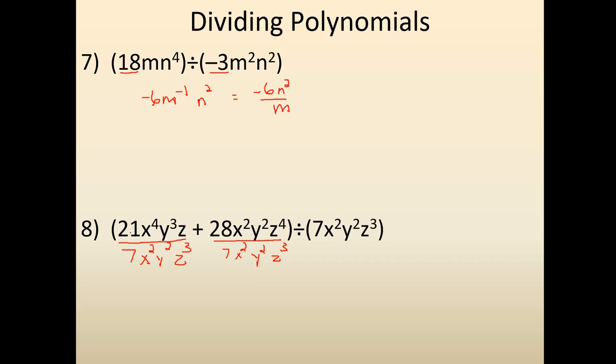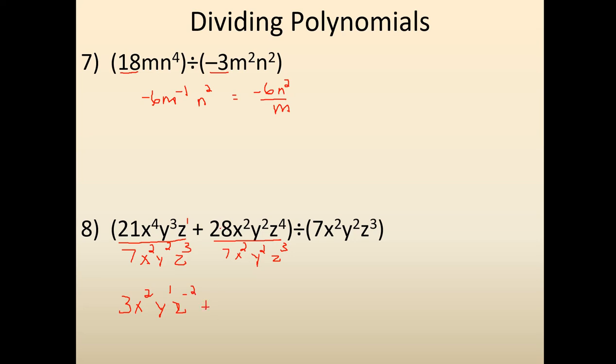All right. So 21 divided by 7 is 3. 4 minus 2 is 2. 3 minus 2 is 1. Z to the 1 minus 3 is going to end up being negative 2.